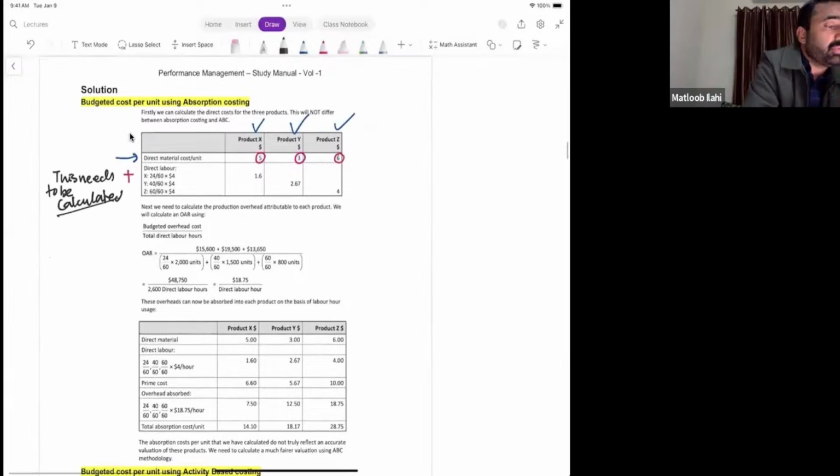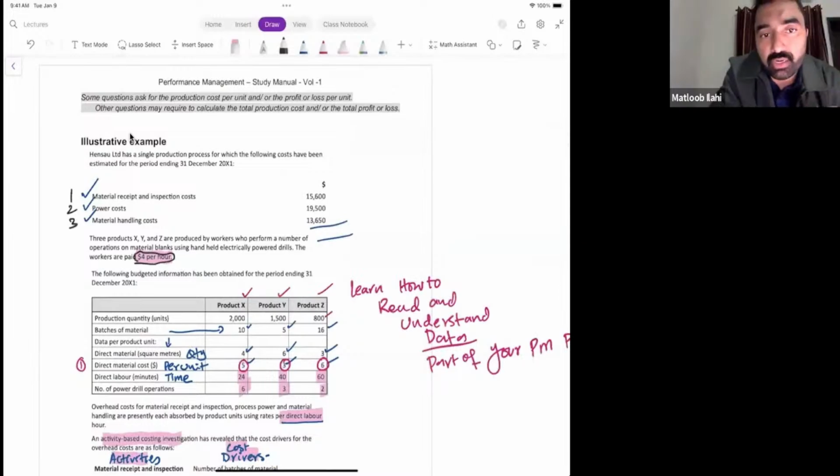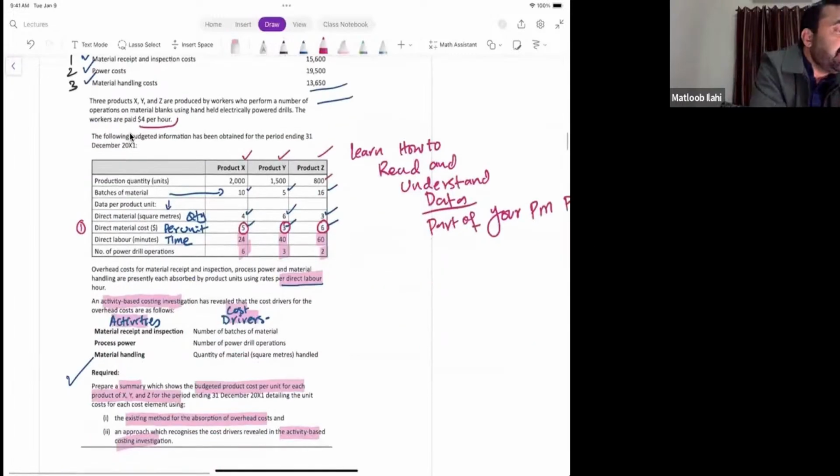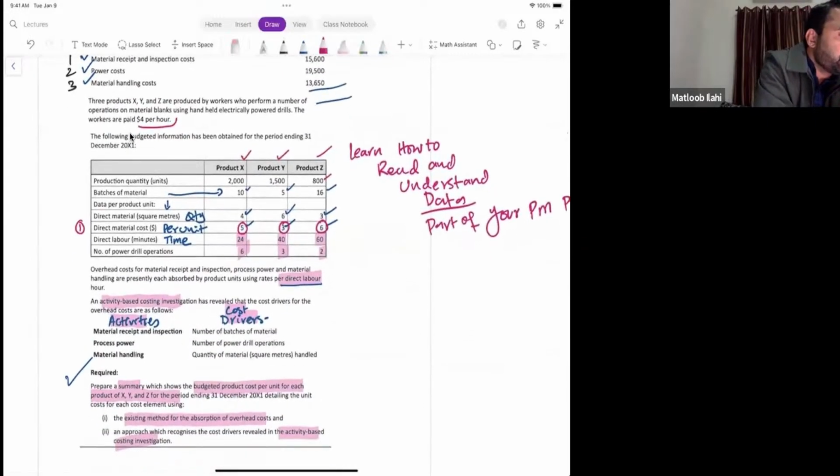Indirect data is given. What is indirect data? You are told that labor rate is $4 per hour. Okay, and labor time is given here. Labor time in minutes. Number two, you are told that the labor is 24 minutes, 40 minutes, and 60 minutes.